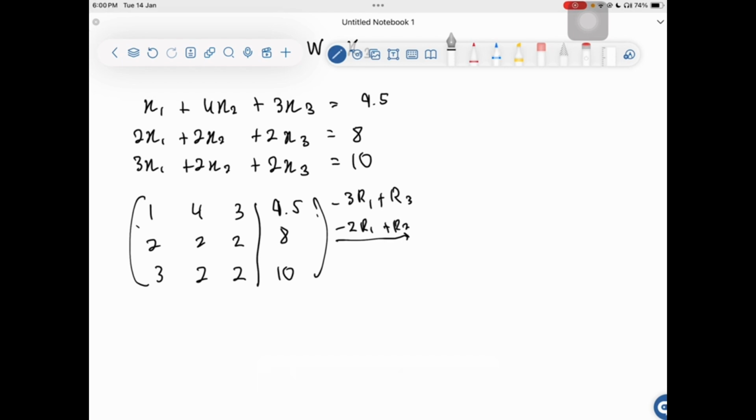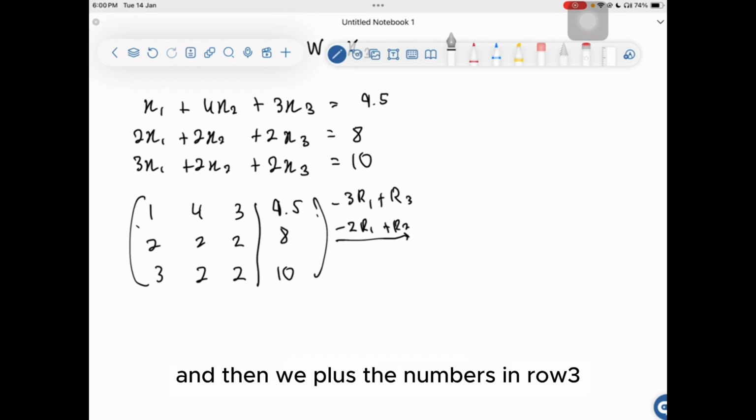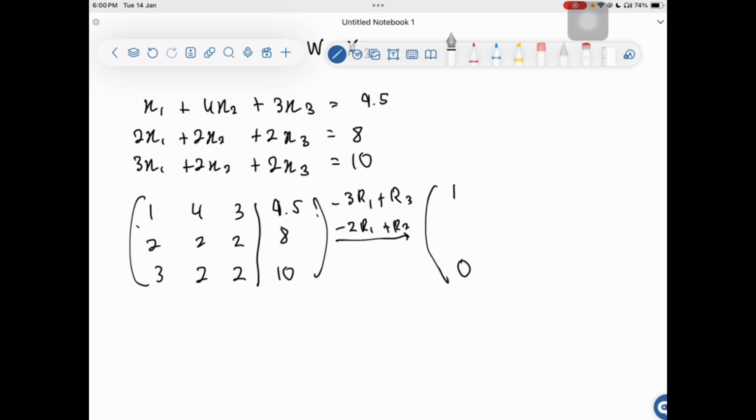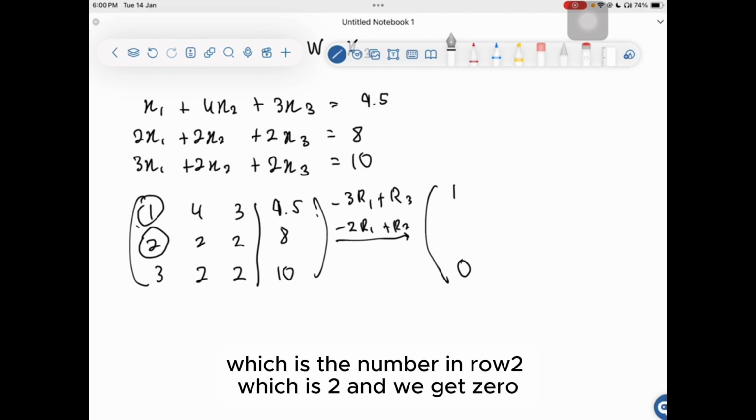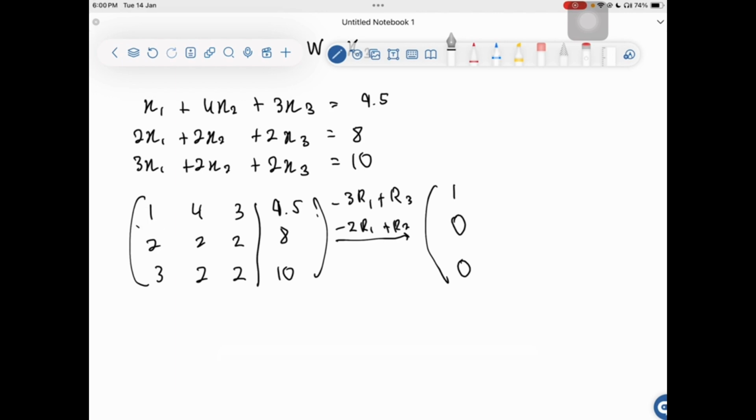As you can see, with negative 3 R1, we substitute the leading one, and then we add the numbers in row 3, which gives us 0. And the second equation, negative 2 R1, we substitute the leading one of row 1, and we add R2, which is the number in row 2, which is 2, and we get 0.